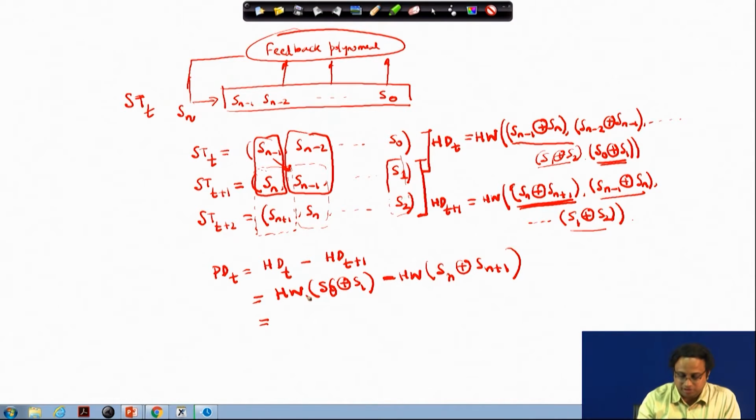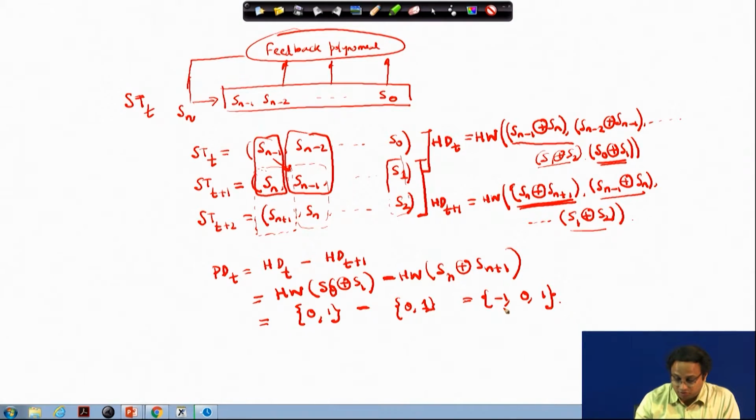So, this Hamming weight, since it is the XOR of only 1 bit values, can be either 0 or 1, and likewise this also can be either 0 or 1, and therefore, when I take the difference, the difference can be either minus 1, 0 or plus 1, okay.